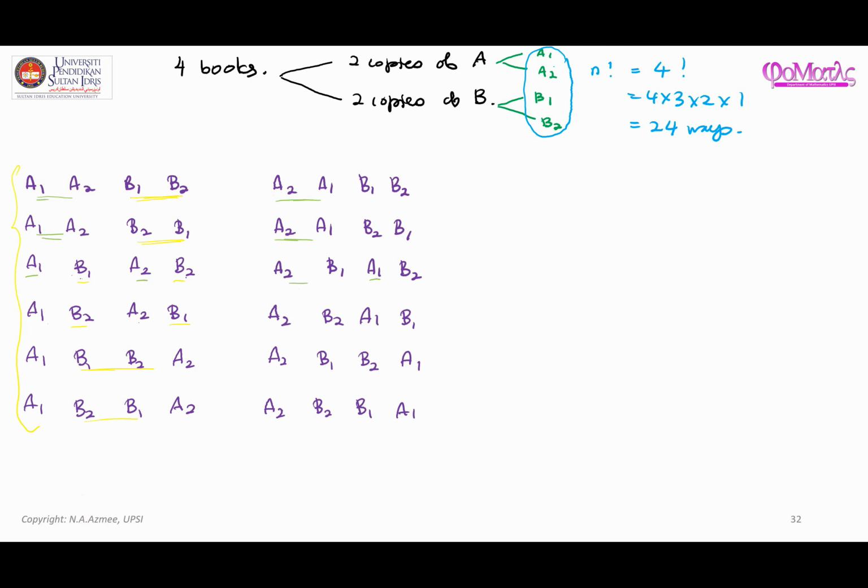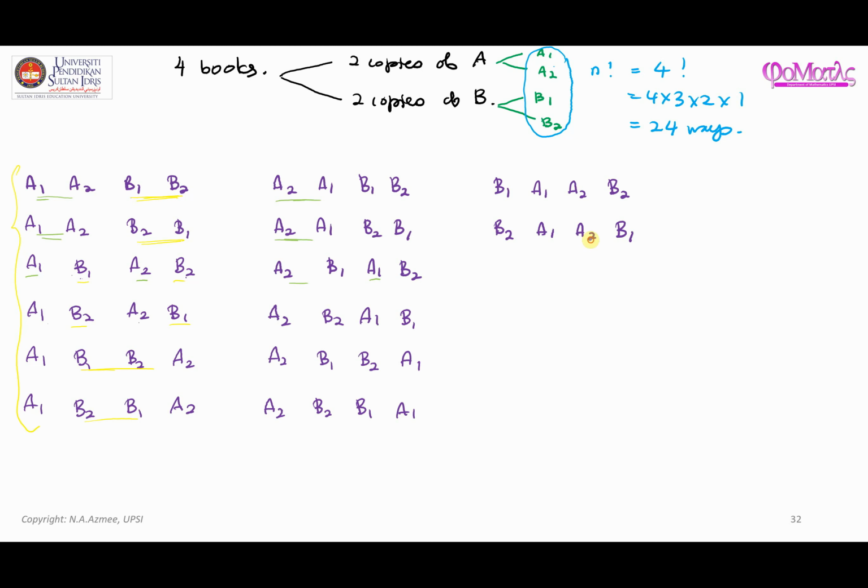Okay, so now let us try and change the position of A1 and A2 and put it in the middle. So here I have B1. Now I'm going to put A1 and A2 in the middle. Now switch the position of B1 and B2. So B2, A1, A2, B1.